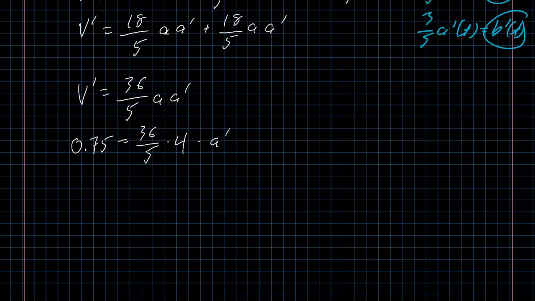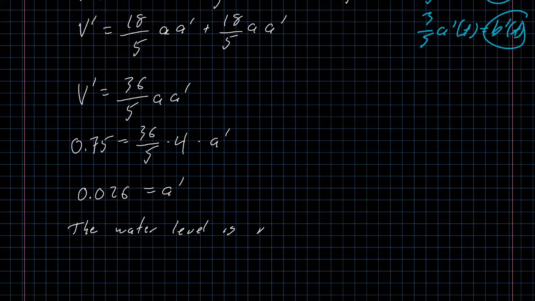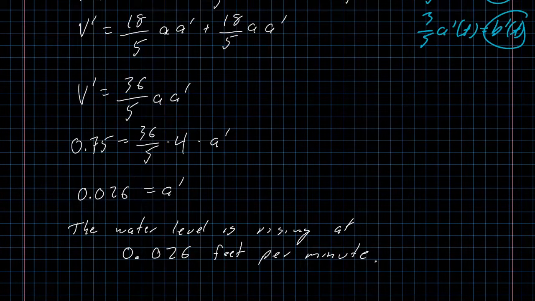We need to divide by 36, and then we need to divide by 4. And all told, we get 0.026 feet per minute. That's a little bit less than 1 inch per minute.